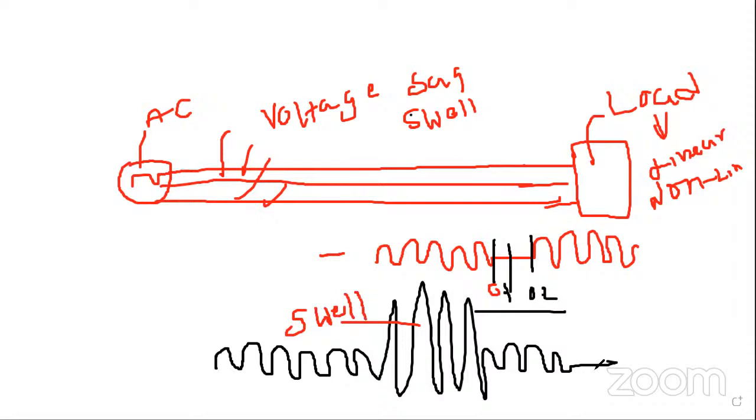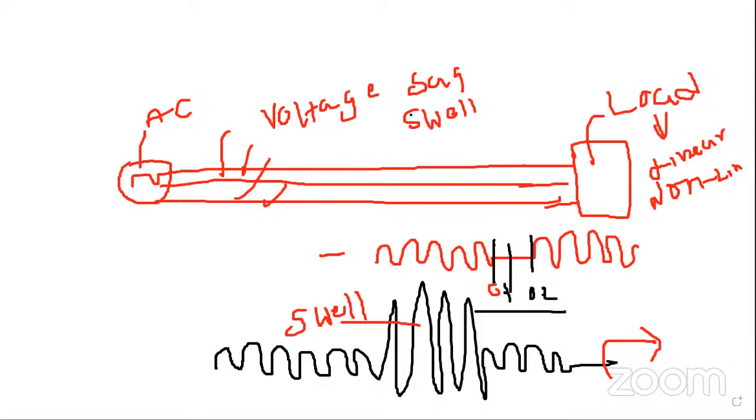This swell problem is because of the loads which you are using. Normally in domestic applications, if you are operating 2 to 3 loads continuously and then put more burden on the load side, the power system network will be disturbed. At that point you may get some oscillations also.